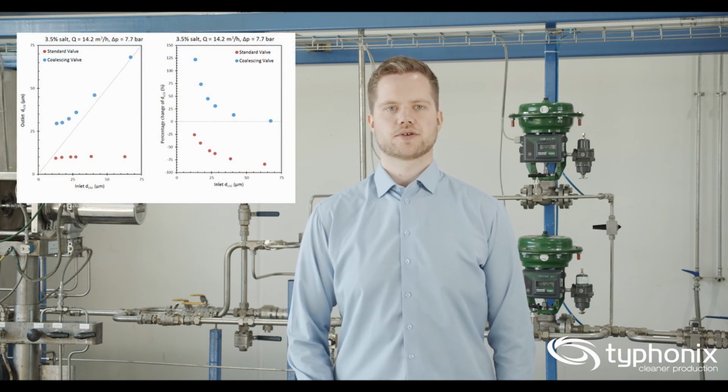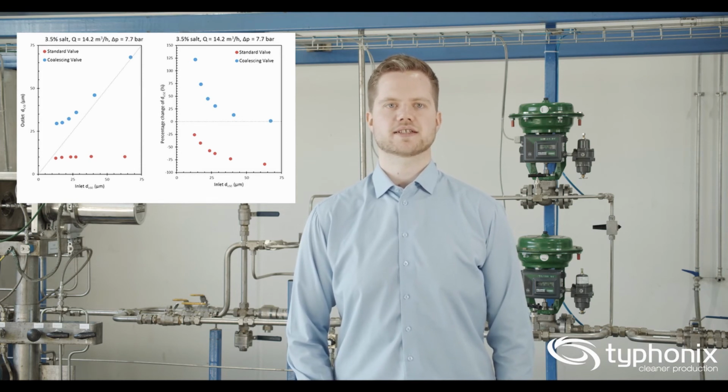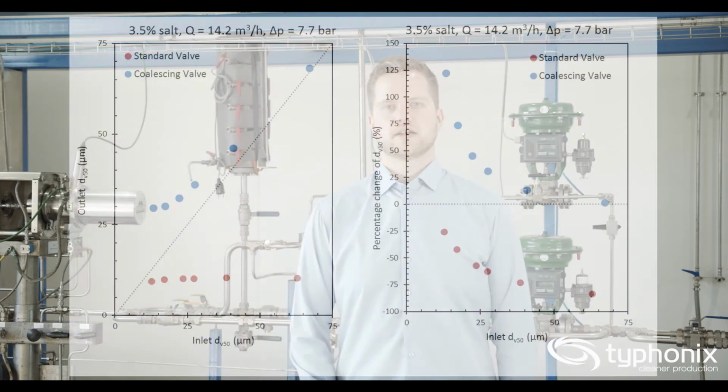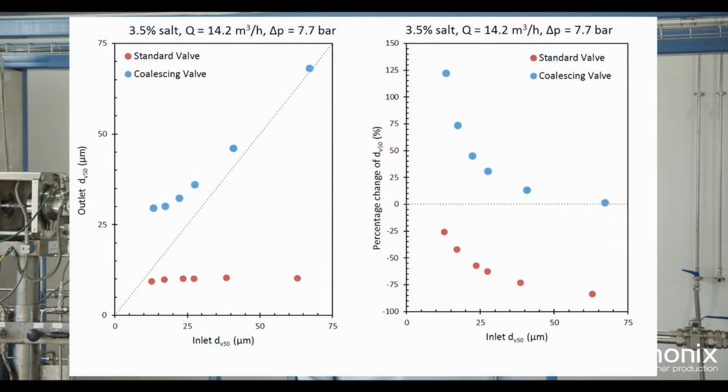The left one shows the absolute value, where you have the inlet droplet size on the x-axis and the outlet droplet size on the y-axis. The plot to the right again shows the inlet droplet size on the x-axis, but the y-axis shows the percentage growth relative to the inlet size. What you see if we look at the standard valve is that regardless of the inlet size, the outlet droplets are more or less constant in size.